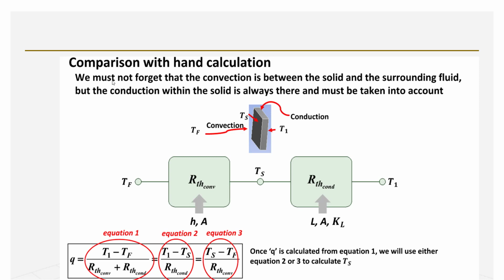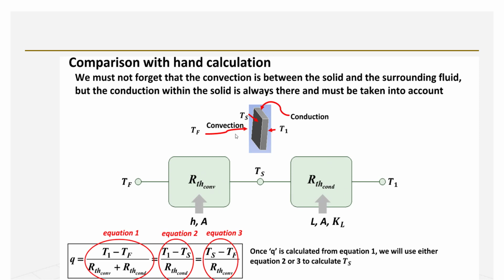We should not forget that convection is between solid and fluid, and conduction is within the solid. So here there is convection on the left hand side and conduction throughout the solid, right? Two phenomena are happening: one is convection, another is conduction.